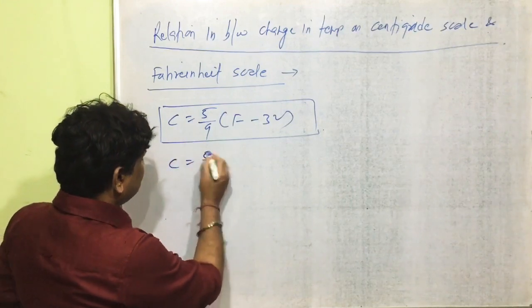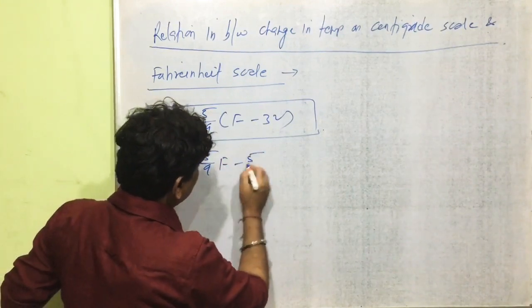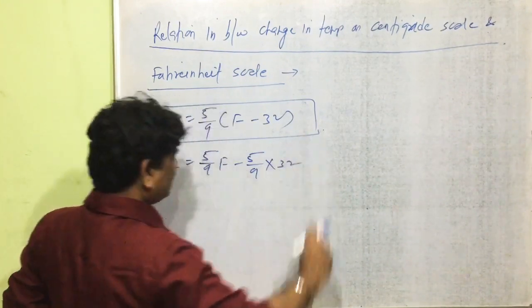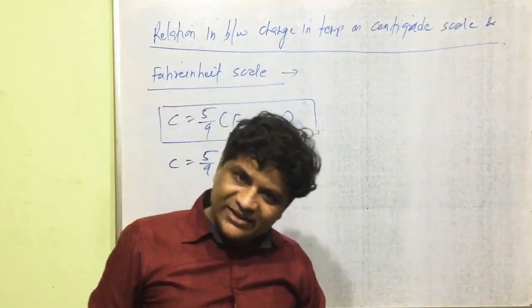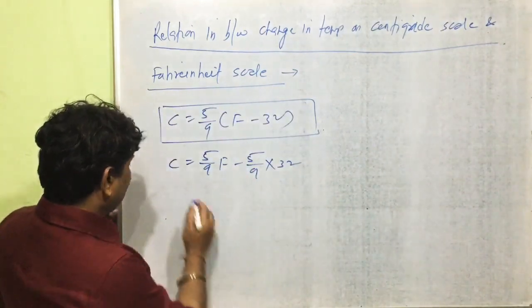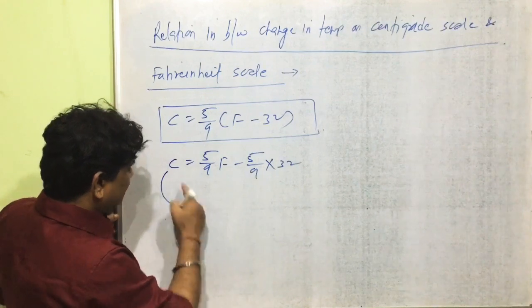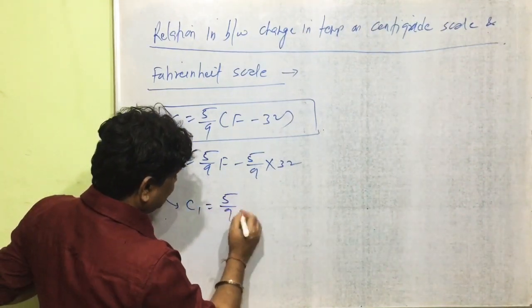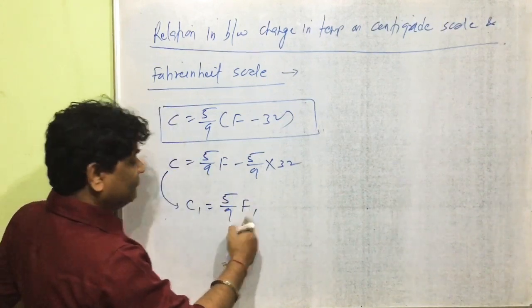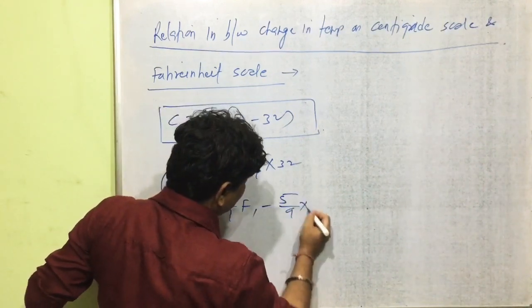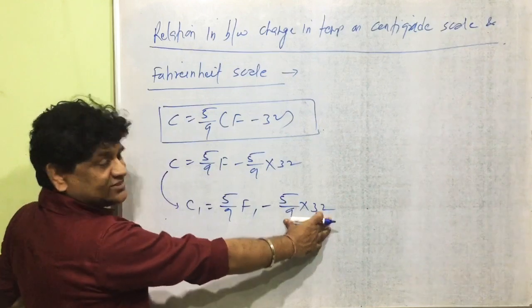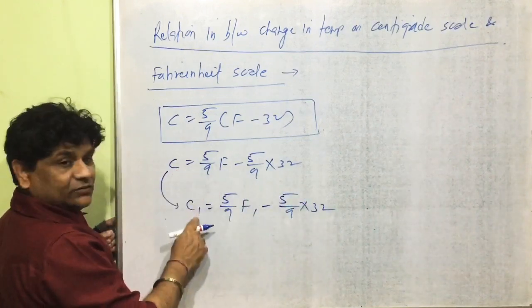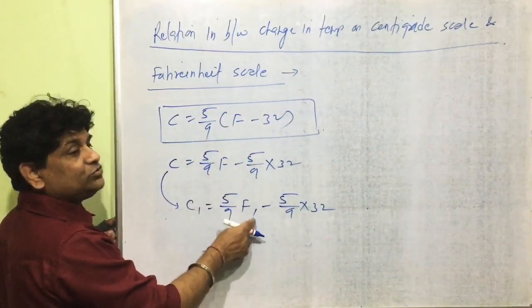Yes, C is equal to 5 by 9 of F minus 5 by 9 into 32, multiplying inside by 5 by 9. Now, if C is equal to C1, then 5 by 9 of F will become F1 minus 5 by 9 into 32, which is a constant term. So if C is equal to C1, F will become equal to F1.